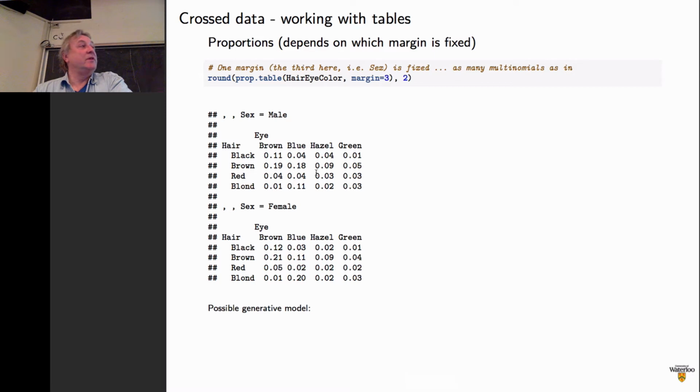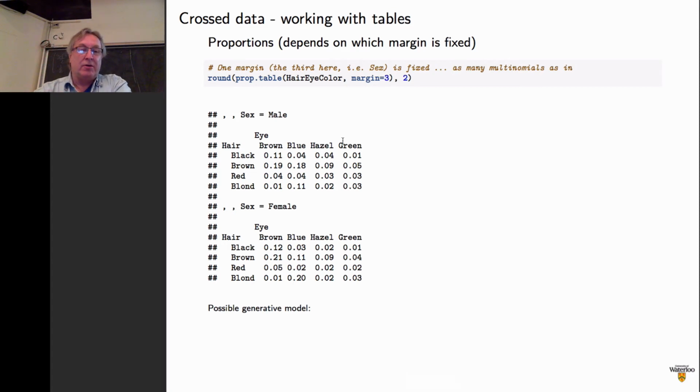If the total is fixed for that table. Give me an answer. Hypergeometric? Nope. Multinomial. Who said multinomial? Ah, there we go.